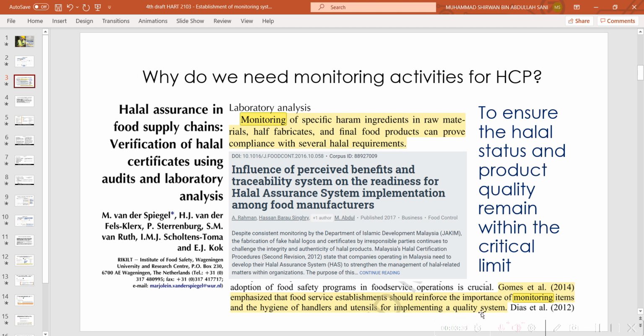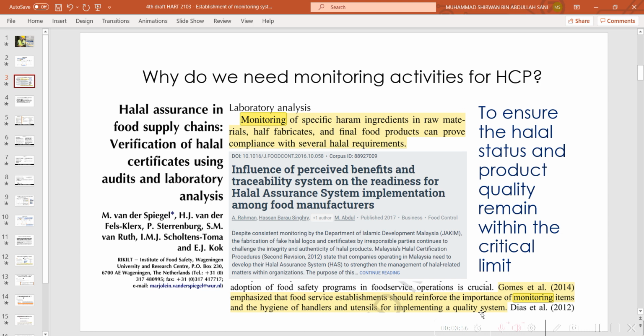So when we claim that our products are high quality products or services, we also claim that our products are halal. That indicates we need to carry out monitoring activity to ensure that the quality and halal status remain within the critical limit that we have set up.